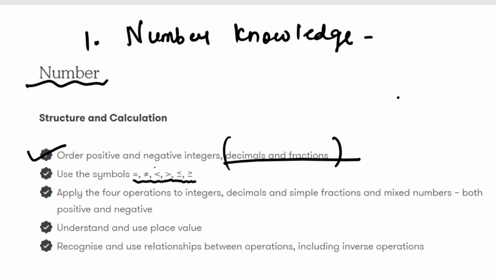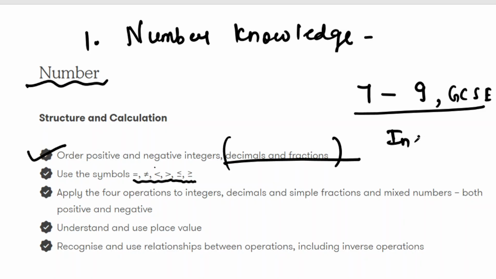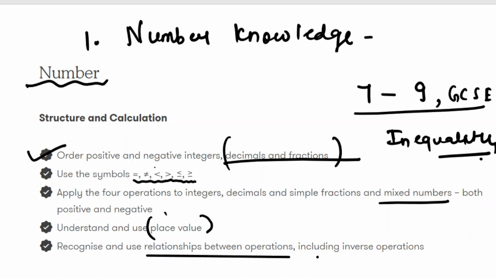Any of you from year 7 to 9 and in the GCSE must have seen these signs while studying inequality. Four operations: with integers, decimals, simple fractions and mixed numbers. Positive, negative. Place value. The relationship between operations, including inverse operations.